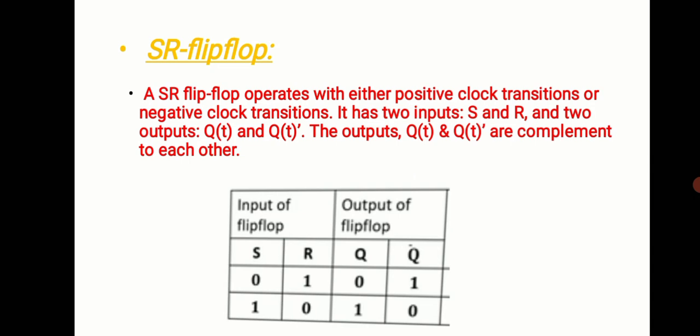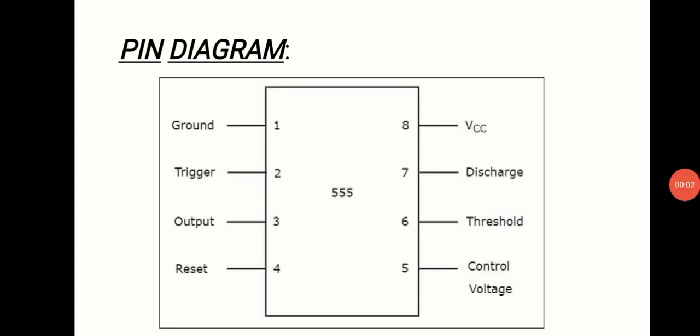If S is off and R is on, Q bar will be on. It is set, and if S is start and R is stop, it is reset. Q is on.